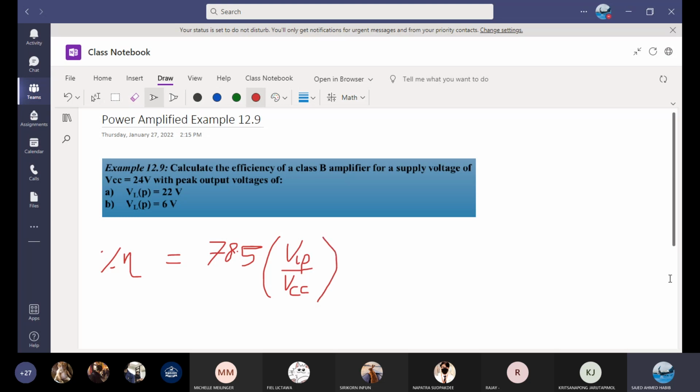So the ratio of the first one, 22 over 24, you multiply by 78.5. If I multiply by 78.54, what will happen? 71.995, so around 72%. A is approximately 72%.